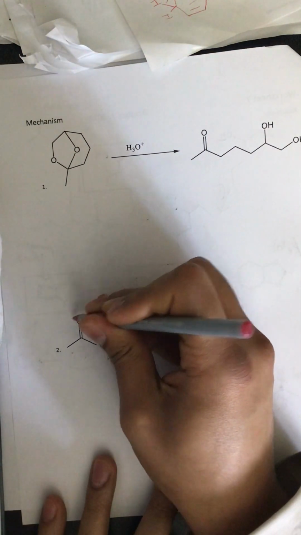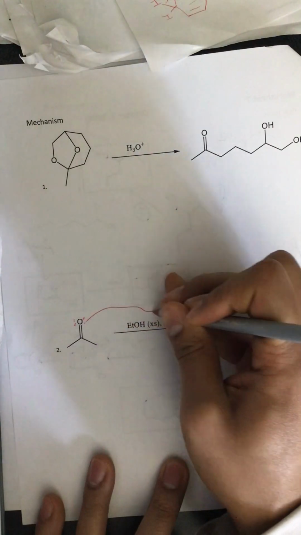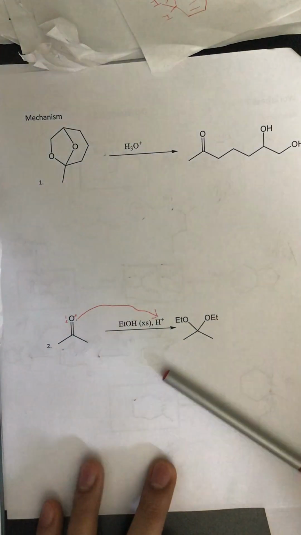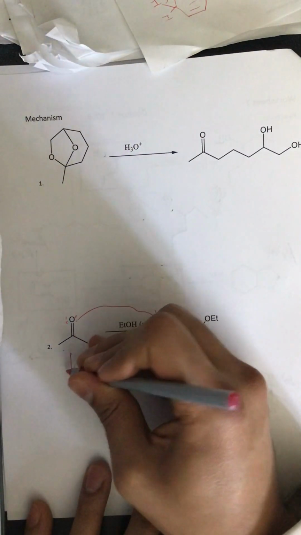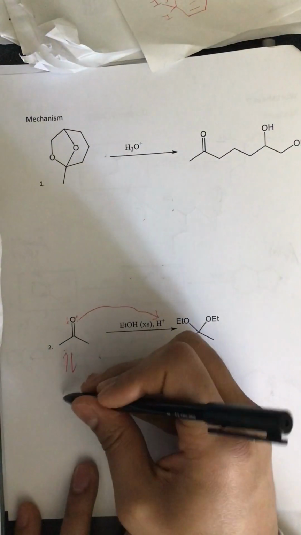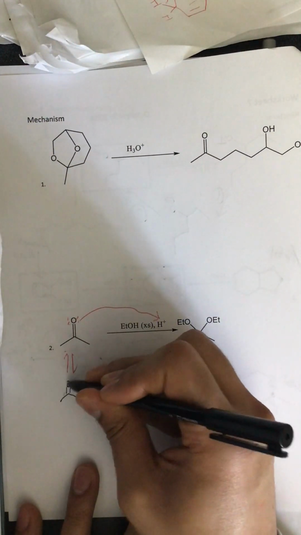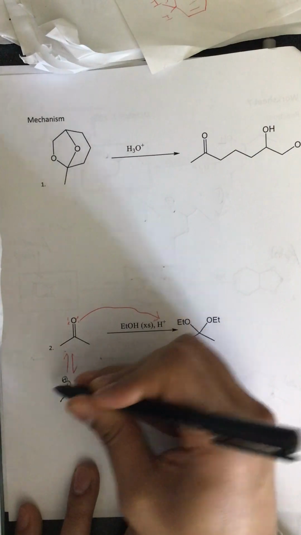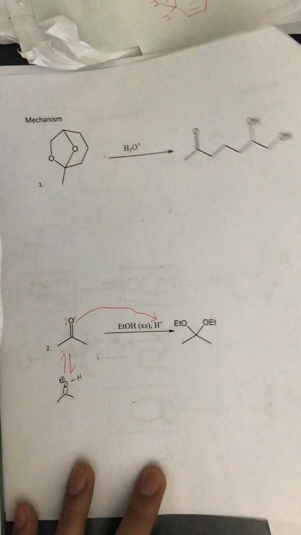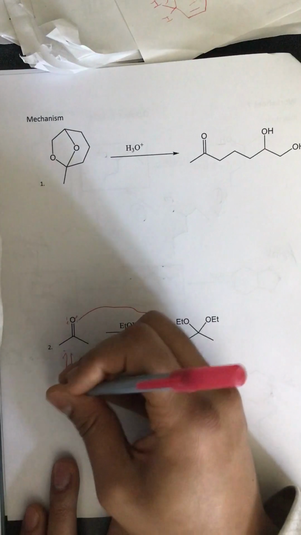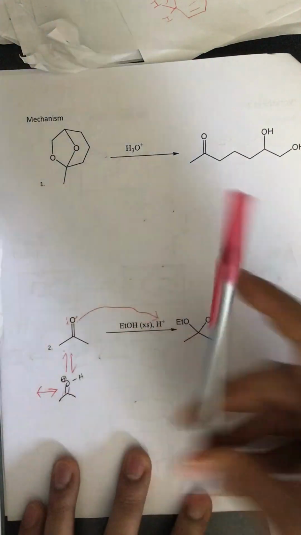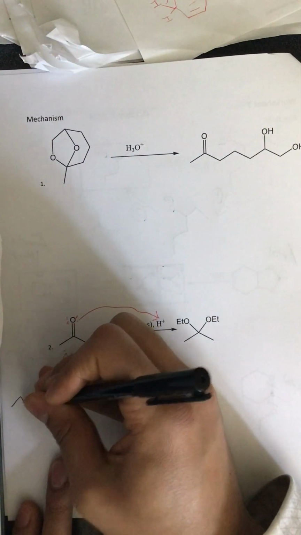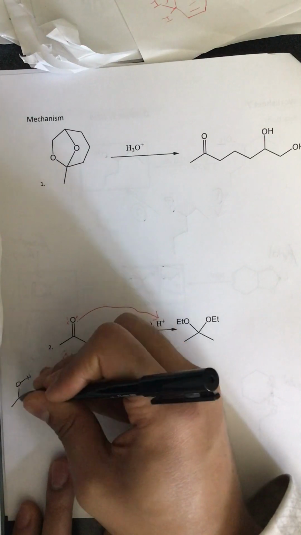So the first step of this bottom mechanism is taking the H plus. I'll have all my arrows be red and my structures be black. I won't draw the arrows for the resonance structure, but it's going to be this.